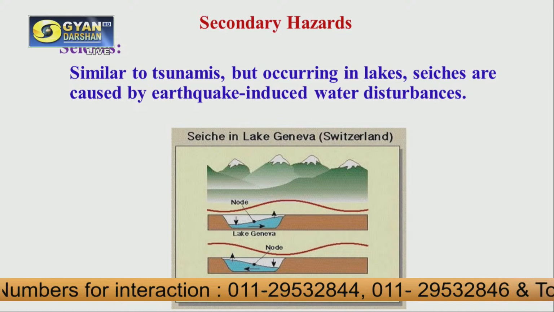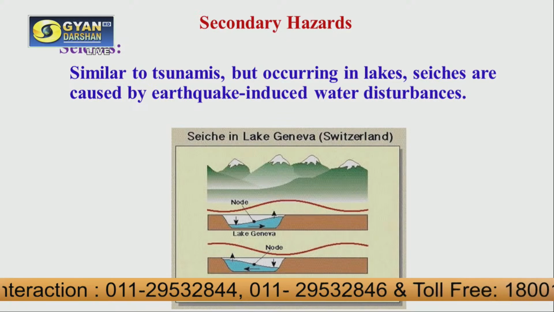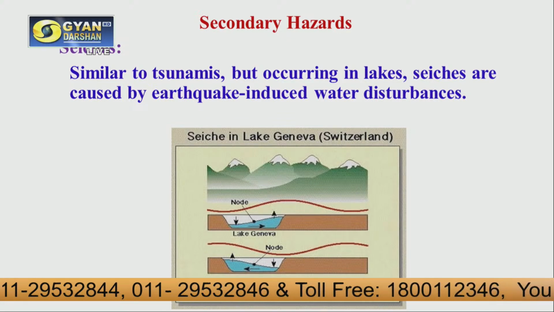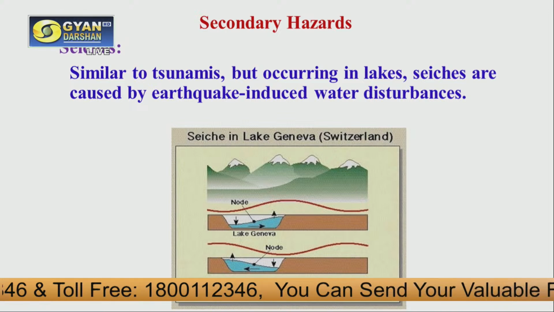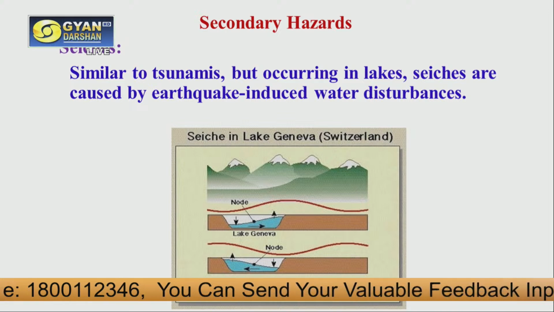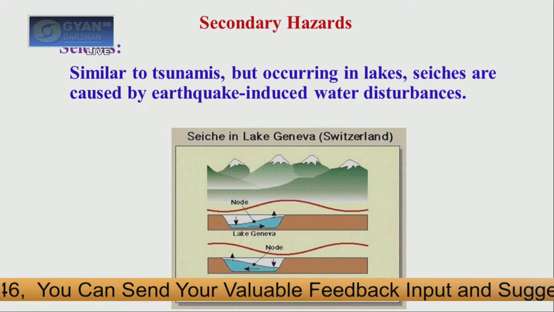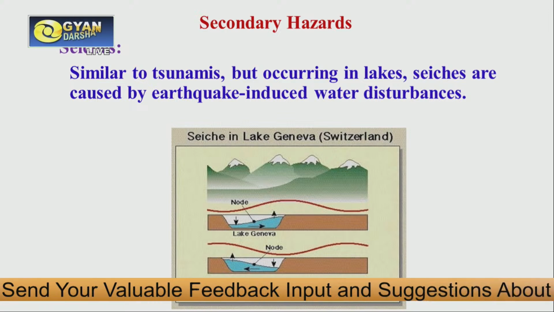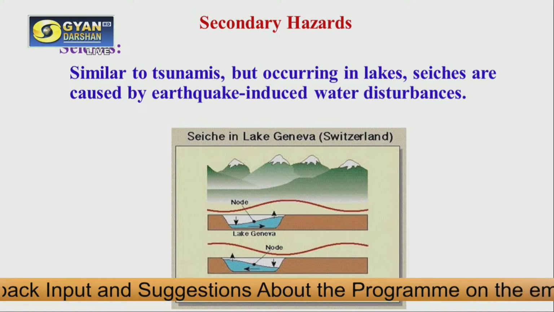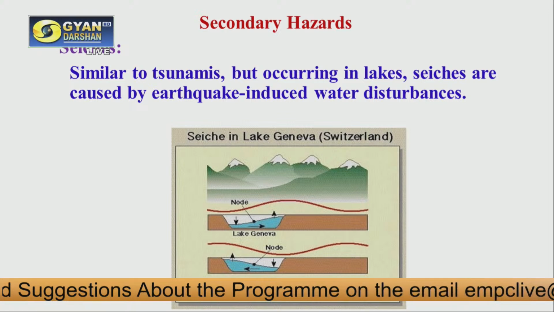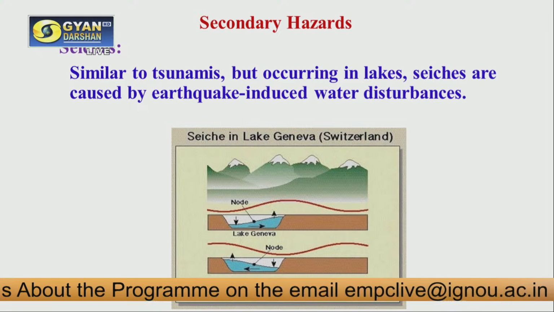Then next is seiche. A seiche is something similar to a tsunami, the only difference being that seiches occur in an enclosed, bounded area, just like a lake. It is again in a water body which has boundaries, whereas a tsunami occurs in the sea.